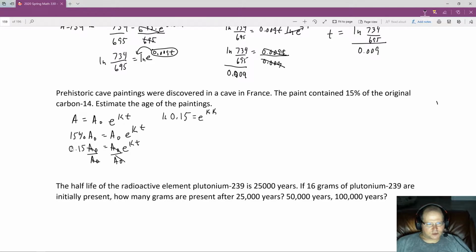Next I would take the natural log of both sides. That gives me the natural log of 0.15 equals the natural log of e to the kt power, but I'm going to pull that kt to the front.